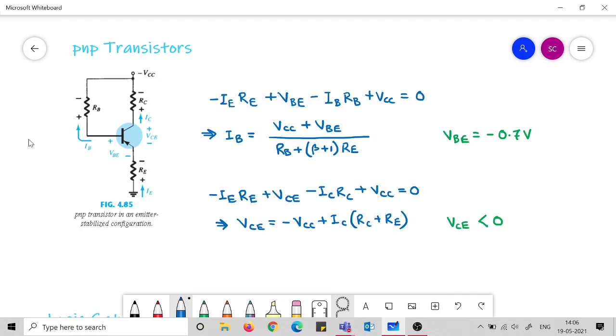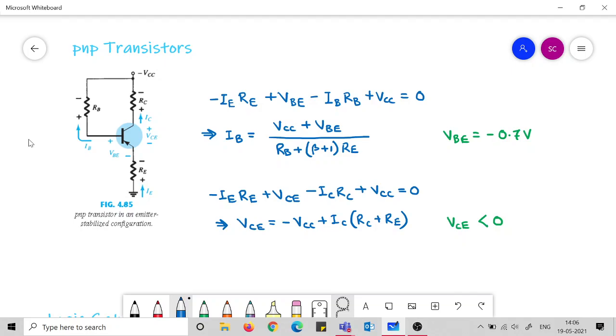So as per the defined polarity, we expect that the VBE magnitude will come out to be negative, because we know that actual polarity would be opposite in PNP transistors. The polarity of VBE as well as VCE, the actual polarity should be opposite to that in the NPN transistors. So for the purpose of analysis, we have kept the same polarities as the NPN transistors, and when we evaluate these, we will see that we are getting a negative sign, which indicates that in reality the polarities are different.